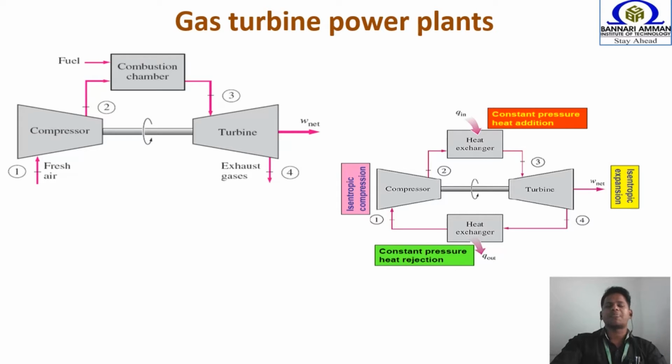But unfortunately, as per the ideal gas equation PV equals mRT, the temperature is also increased. The fresh air which is taken at the first point is at a typical temperature of around 30 degrees Celsius. After compressing the same, the pressure is increased and the temperature is also increased. Now we have pressurized air which is at higher temperature.